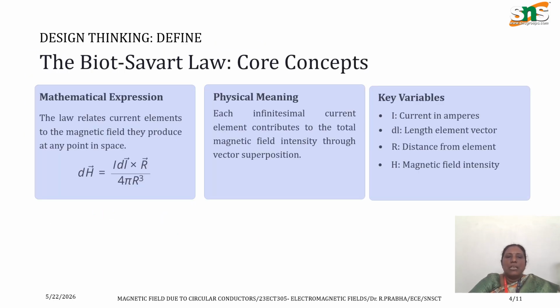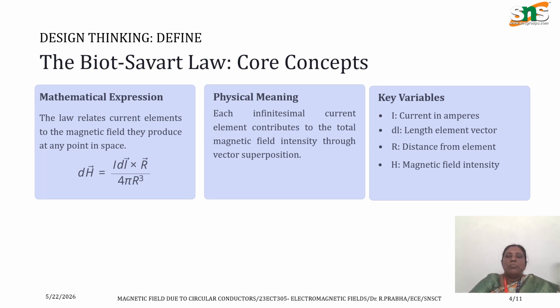Now the second stage is the define stage. In this we are going to learn the core concept of Biot-Savart's law. Its mathematical expression is dH equals I dl cross r vector divided by 4 pi r cube. Here r is the distance, r vector is the position vector, and I dl is the current element.